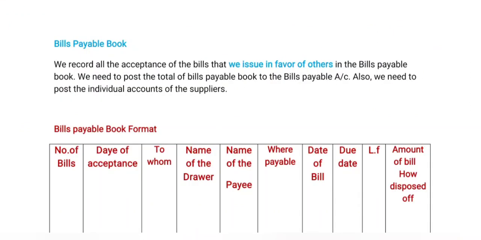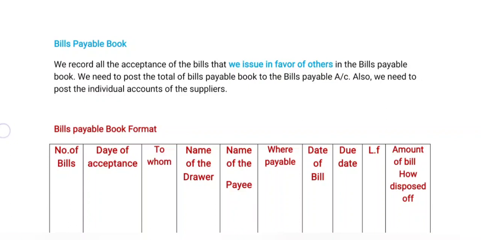Now we record all the acceptance bills that we issued in favor of others. We have already explained this in the above paragraph. Every bill issued in favor of others is a bill payable. It is recorded in the bills payable book.